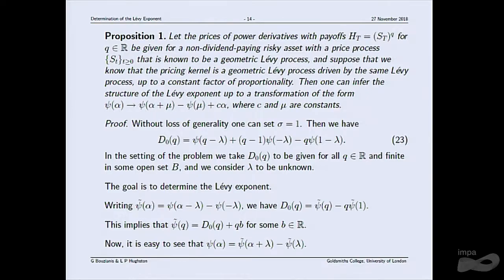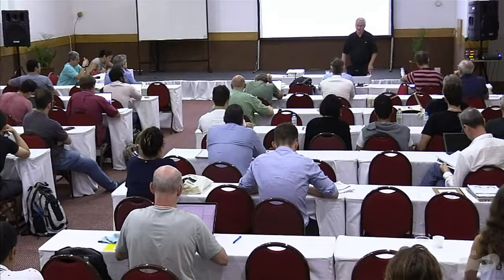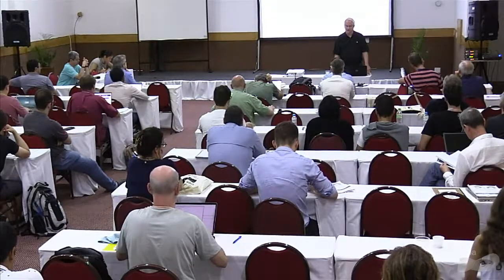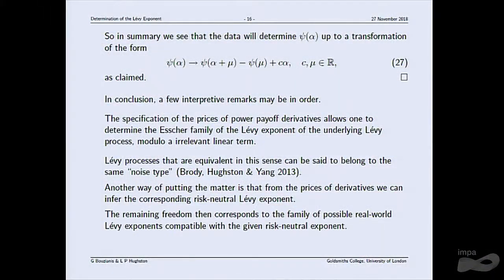The proof of that is a straightforward algebraic calculation involving the formula that I've given to you. So the point is that, in summary, the Levy exponent is completely determined by the power payoff claims up to a transformation involving a pair of constants.